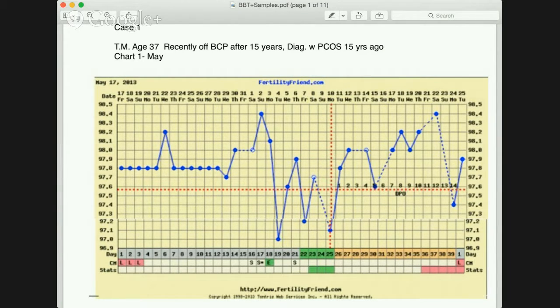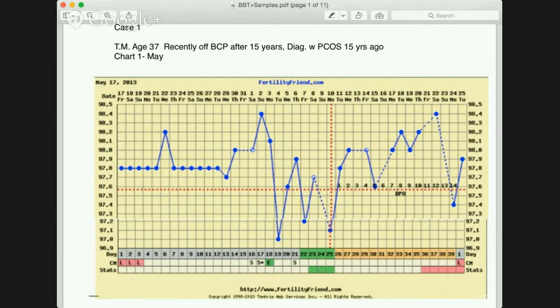You can see by these red dotted lines, those are called the cover lines, that they calculated that this person ovulated on day 25. I'm sorry, I'm not going to remember the exact formula, but you calculate the cover line from something like 5 temperatures that are higher than the average of the last 5 temperatures.